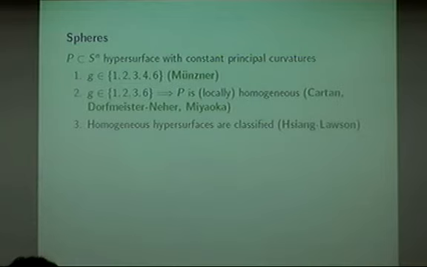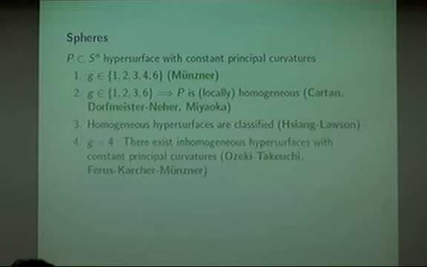This is quite remarkable, and it's actually quite mysterious why this is. I don't think anyone has a good explanation why homogeneous hypersurfaces in spheres are related to isotropy representations of symmetric spaces, why symmetric spaces play a role here.